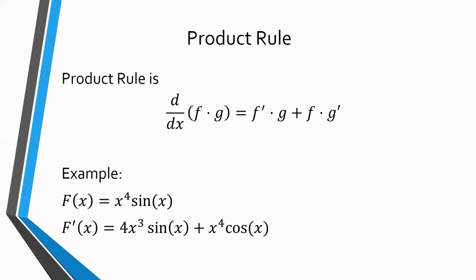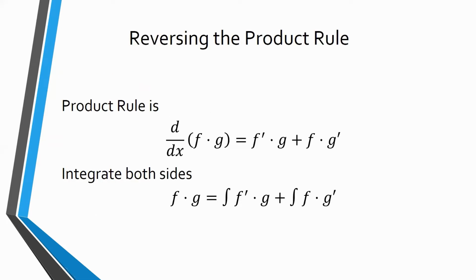The derivative of sine of x is cosine of x. That is the product rule. Now, what integration by parts is going to do is take one of these components, either the 4x to the third sine x or the x to the fourth cosine x, and integrate one of those pieces.